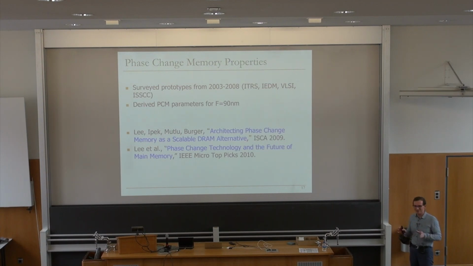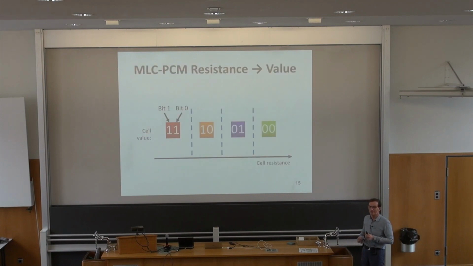Any other questions? Yes. Could you go back one slide? This one? Does the way that you encode the different states change anything at all? Yeah, it's good. There's actually a lot of work related to that. The way you encode determines how you can correct errors, for example. So a lot of these memories require error correction, and your encoding may affect that. Because some errors are more likely than others, actually.